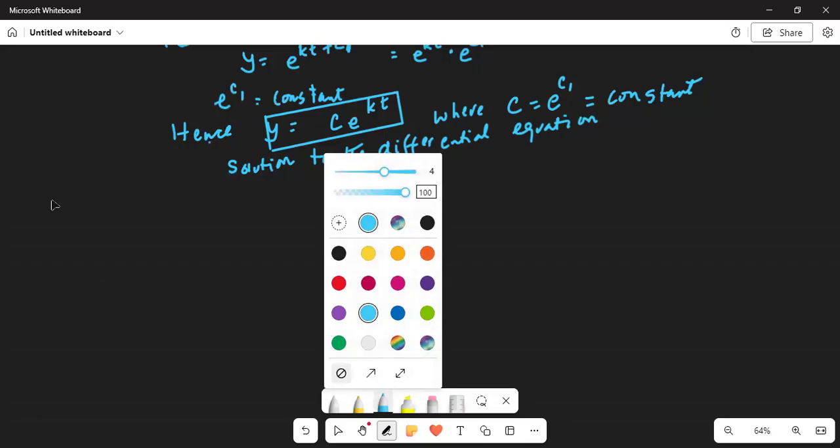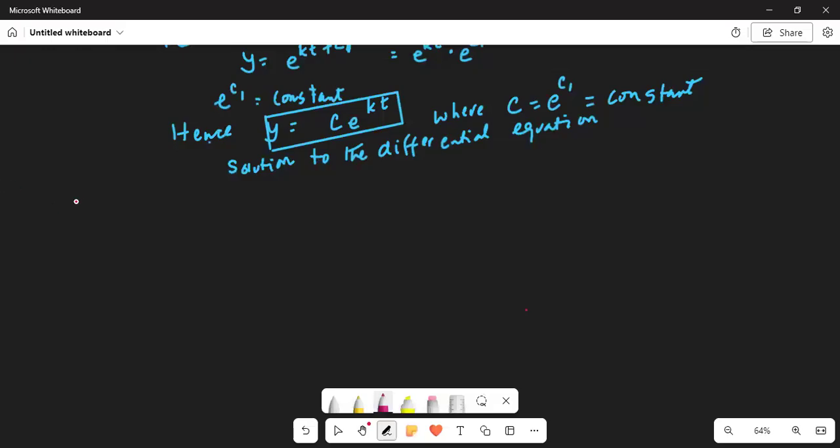Okay, so part B. Initial amount is 20 grams, and amount after 1 hour is 16 grams.